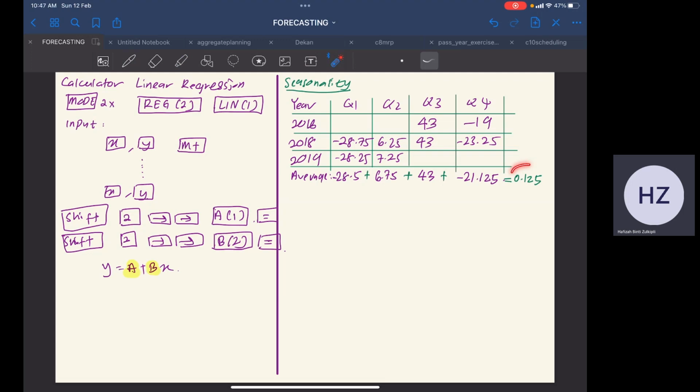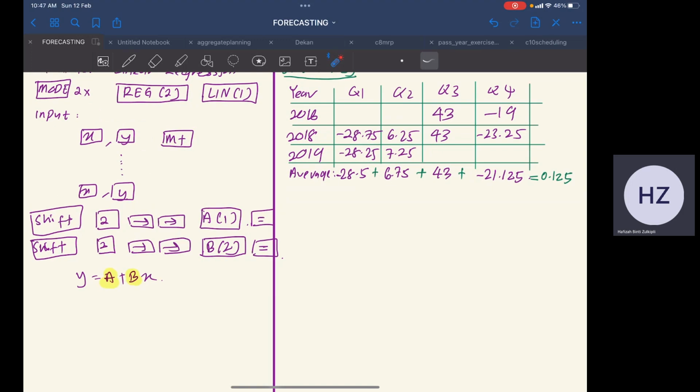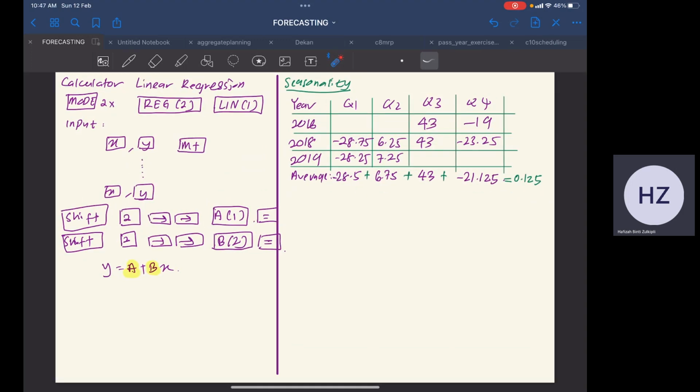So how can we change this into 0? By minus the same value of 0.125. So this is equal to 0. That means this is the adjustment that you need to do. You have an additional value of negative 0.125 that needs to be put in the values of the average.